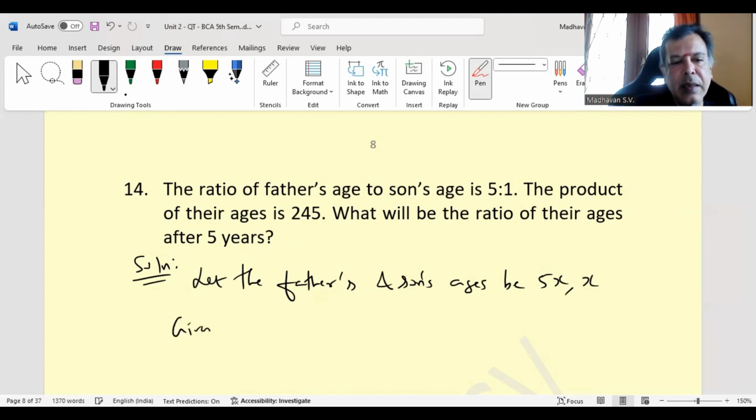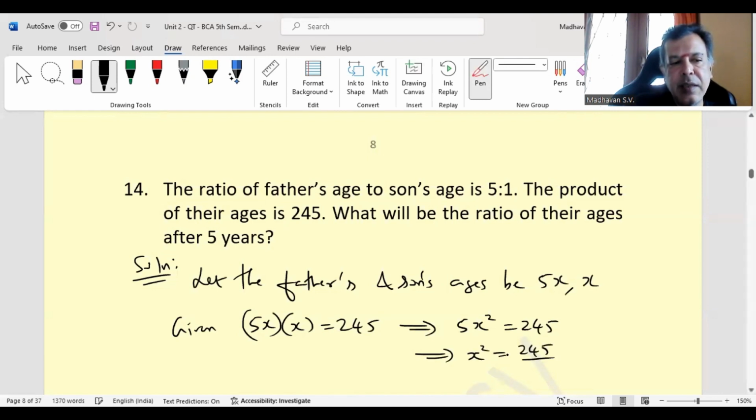Given the product of their ages, 5x multiplied by x equals 245, which means 5x square is 245, which means x square is 245 by 5, we get 49.